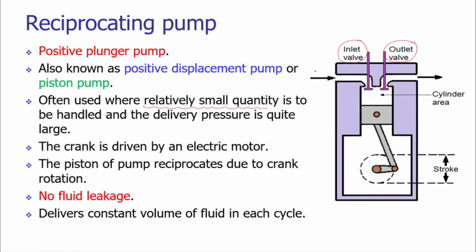The inlet valve has the inlet port and the outlet valve has the outlet port. The crankshaft is rotated by an electric motor. As the crankshaft rotates, the crank also rotates about the axis of the crankshaft, and the rotary motion of the crank is converted into reciprocating motion of the piston.